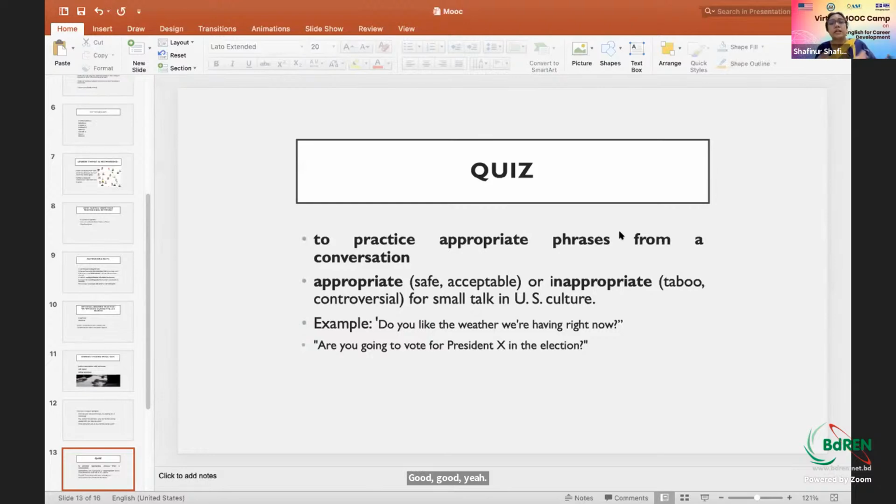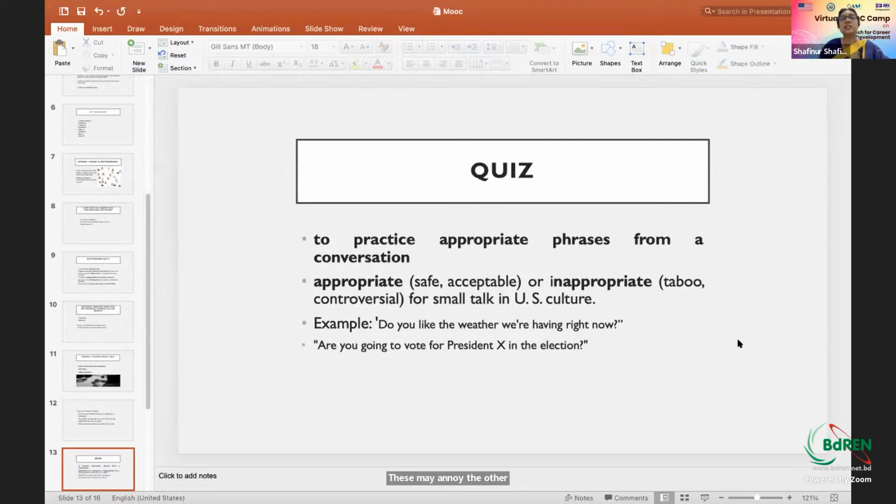So yeah, the first question is an appropriate one for small talk, but the second one is inappropriate, because whom you are going to vote for or whom you support, those are your very secret things, right? Or your very private matters. So you cannot talk about this. And if you ask this kind of question, it is not harmful, but it may still annoy the other person.